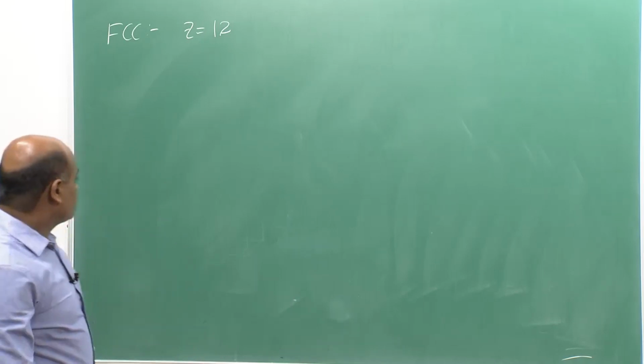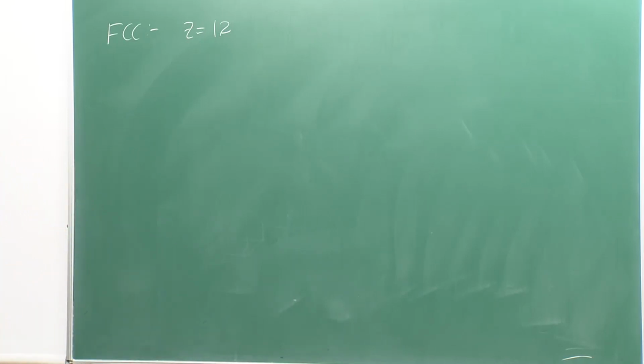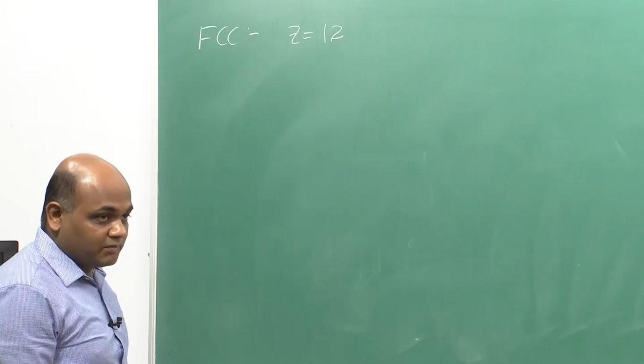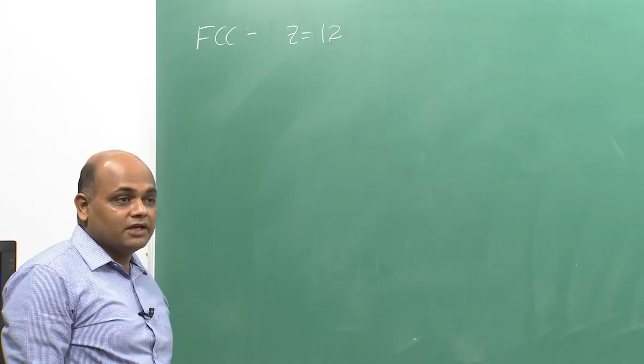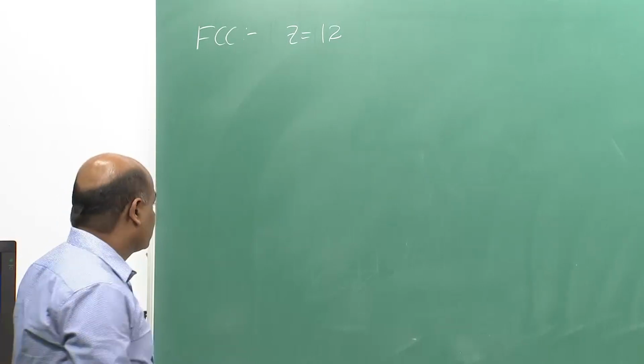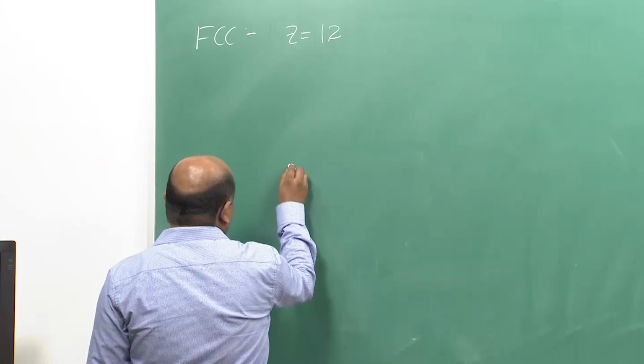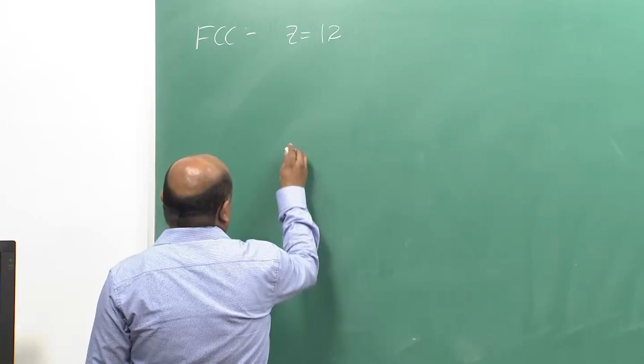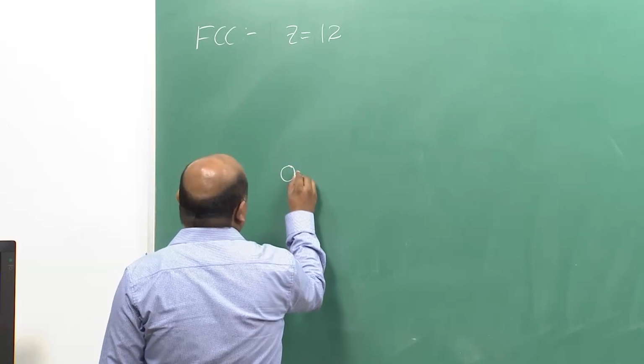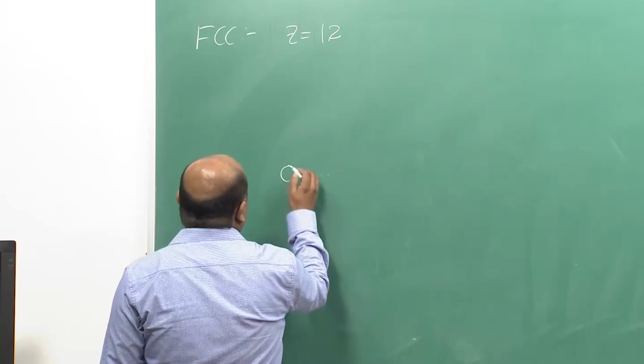So, the easiest way to visualize this coordination in FCC is to consider stacking of 1 1 1 planes, right, which is the closest packed plane. So, if we consider the 1 1 1 planes, within the plane there are 6 neighbors.